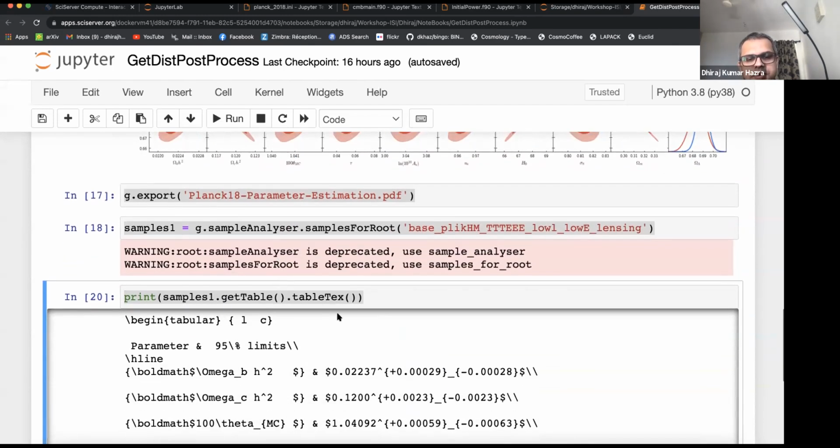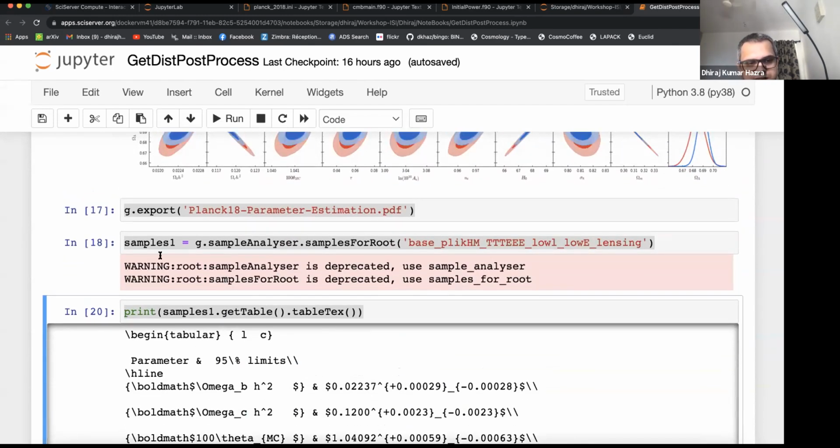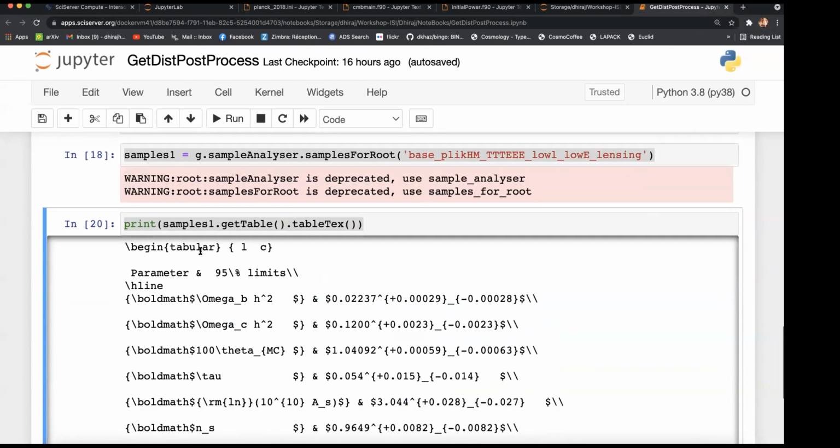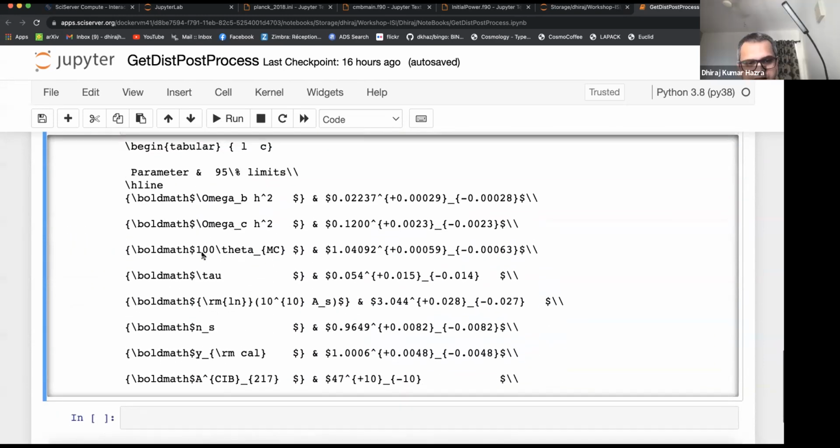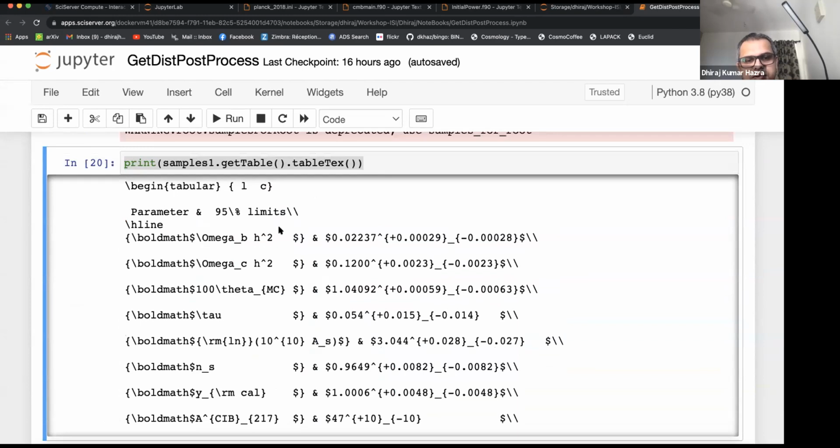Now you can simply ask getdist to get the samples. I'm just leaving it for you to have a look and get the parameter values at 95%. Remember, these are 95% limits. In my last notebook, I was using 68% limits for the parameter constraints, but these are 95%.